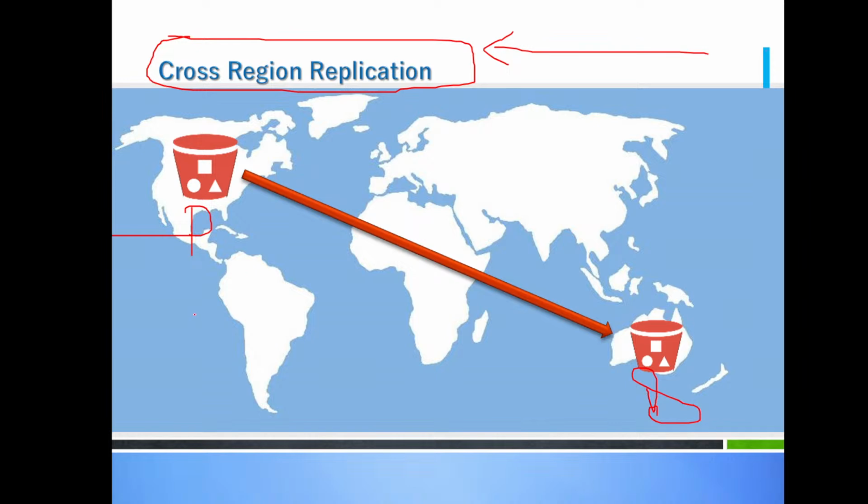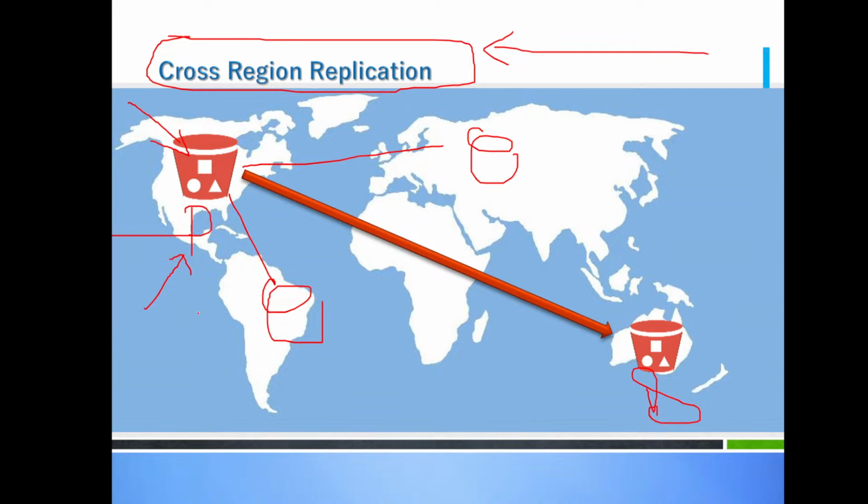So whatever data you upload in this bucket, in this region, will be automatically replicated to the destination bucket. So if you have n number of buckets, you just have to upload the data in the primary bucket.